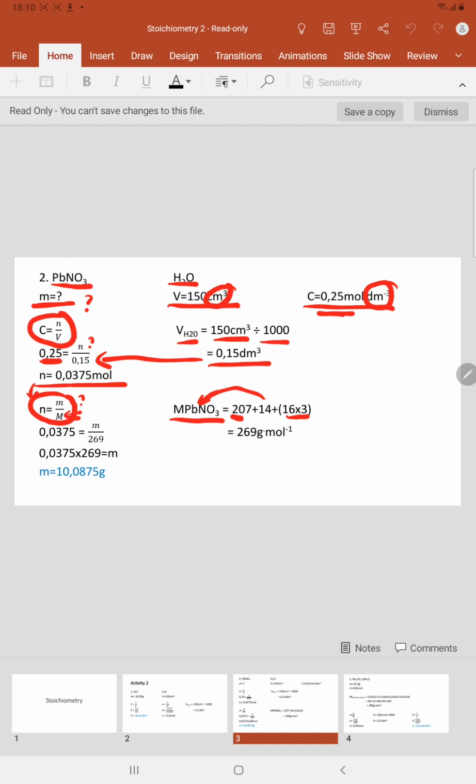We now have the molar mass of lead nitrate. We substitute into our equation the number of moles, 0.0375. We're looking for the mass, and we substitute our molar mass, 269. Important here is to teach students to always substitute into the standard equation and manipulate the equation afterwards.